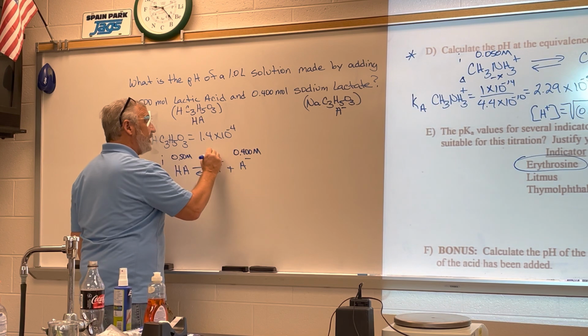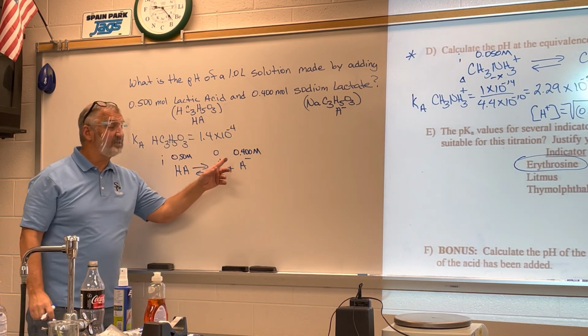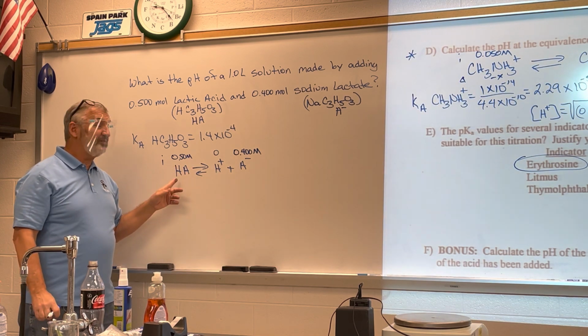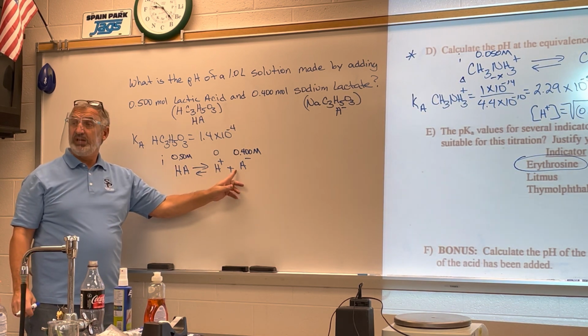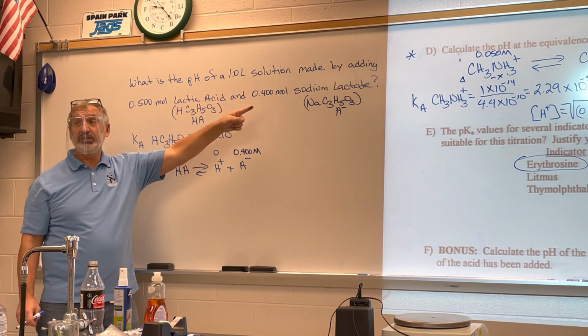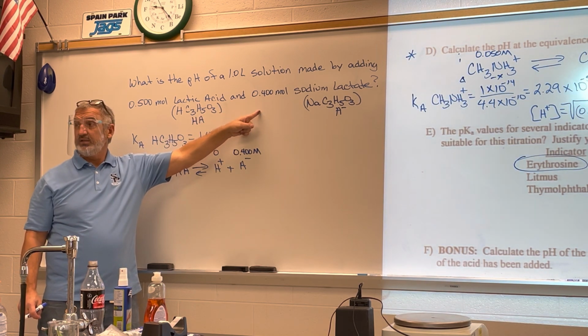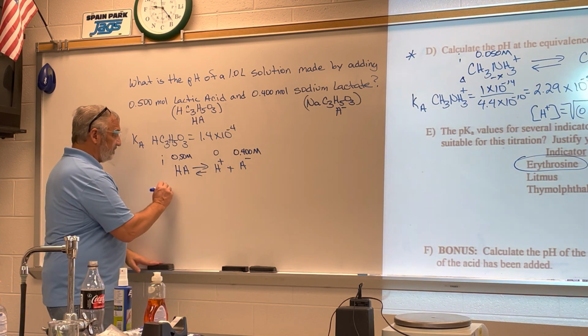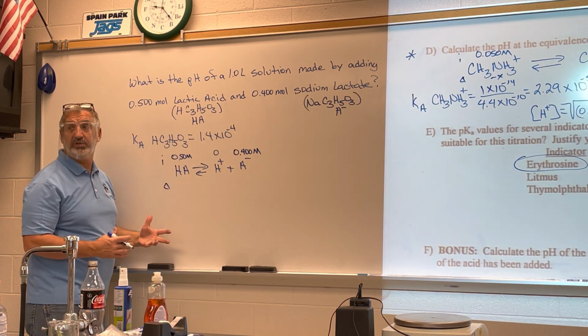So this is a common ion problem. So now rather than it being 0 and 0, now I have some of not only of my acid, but I have some of the salt added in from a second source, from the sodium lactate. Okay, so I have a common ion. So what's my change going to be? Which way does this still have to go?